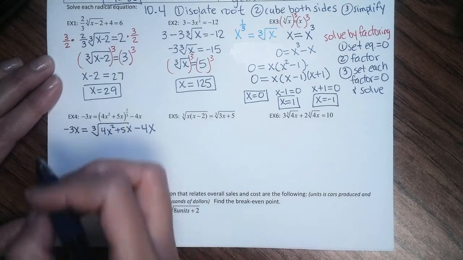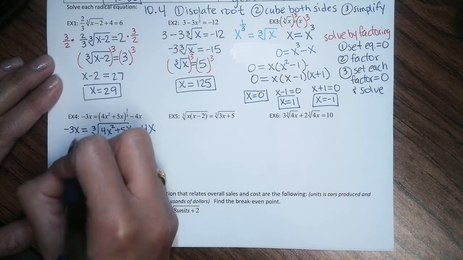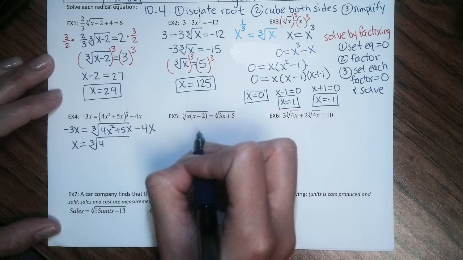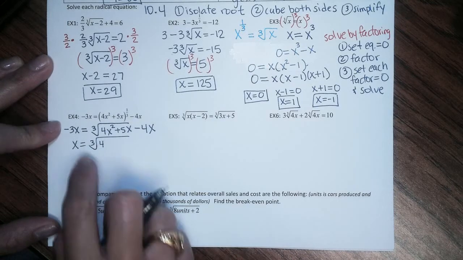Okay, so hopefully you're trying example 4 by yourself. I'm going to do it very quickly here. If you're done with example 4 and you got nice answers, then that's probably right, and you can move on to example 5.